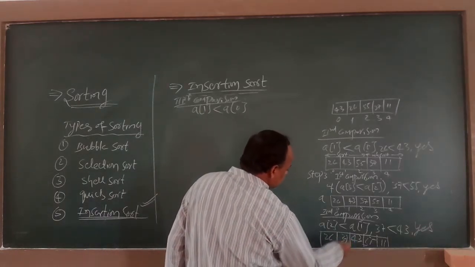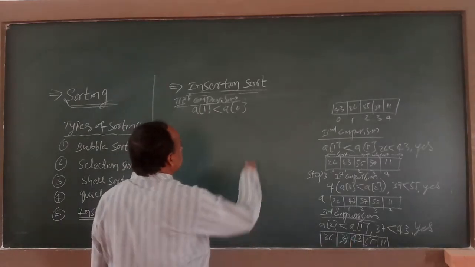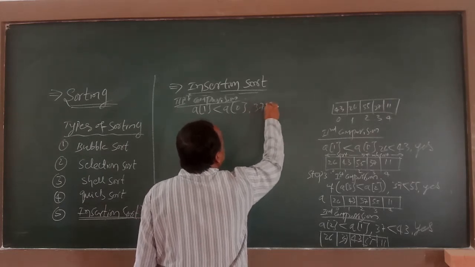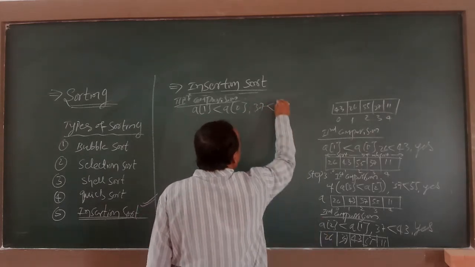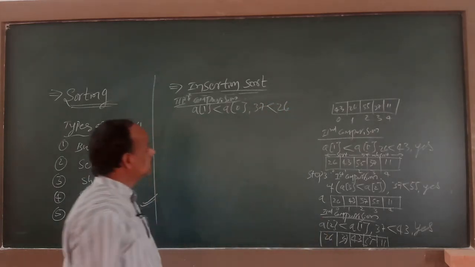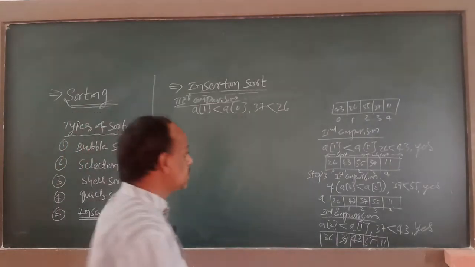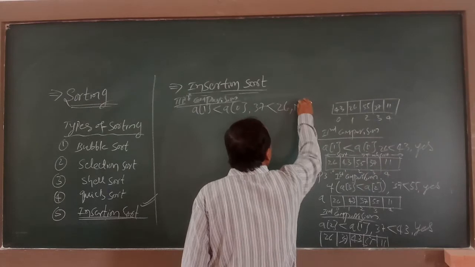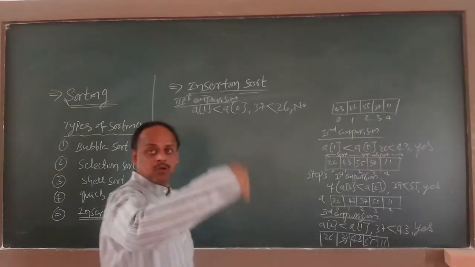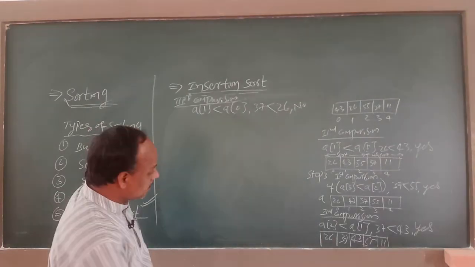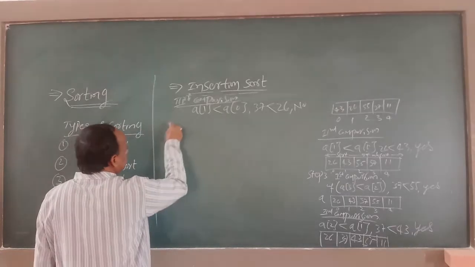A of 1 means 37, right? 37 is less than 26? No. No means go to next step. Next step means step 4.